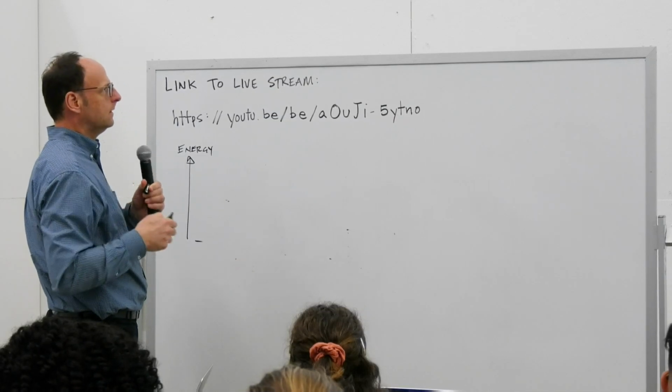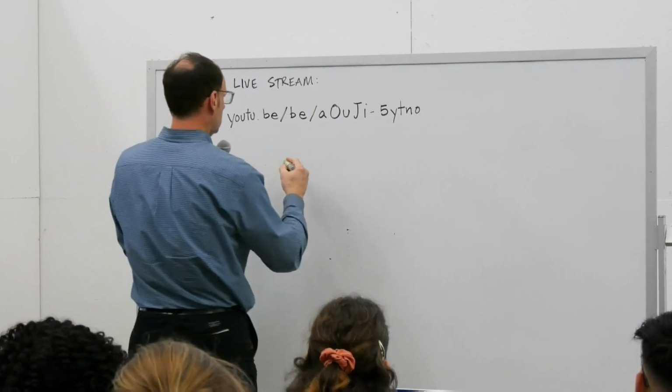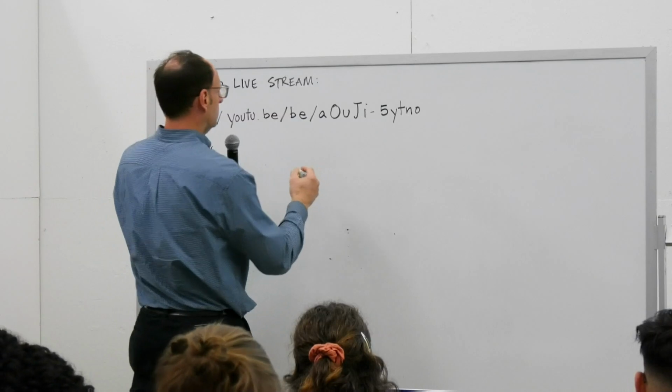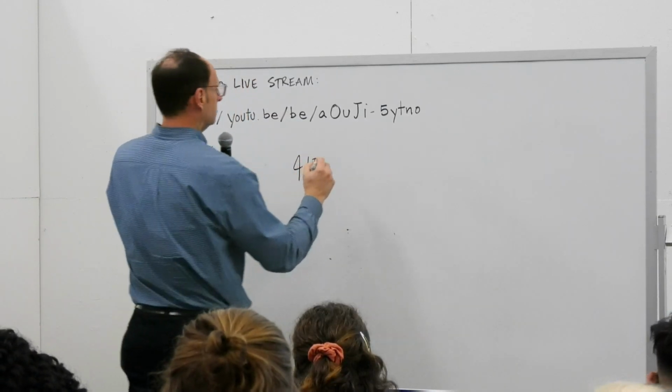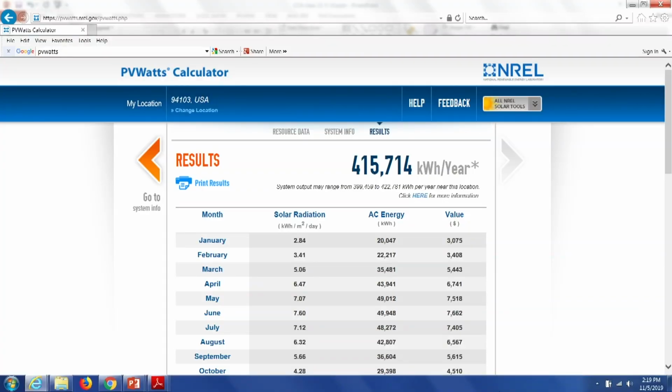The math on this: you've got kilowatt hours per year. I'm going to just use the 415 up here on the whiteboard. So I have 415,714 kilowatt hours per year.